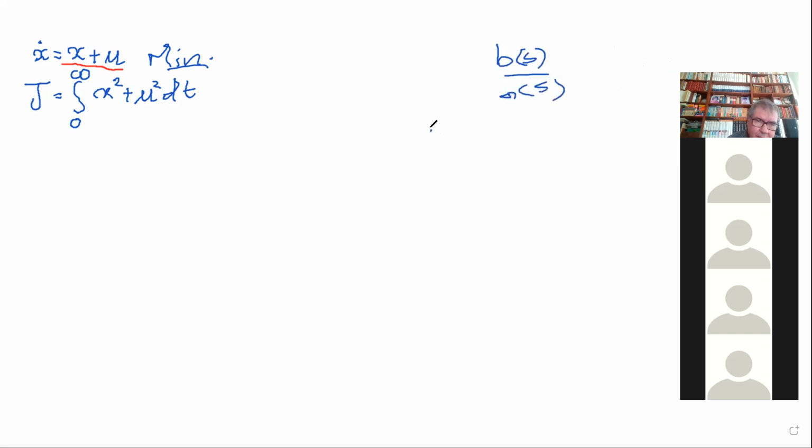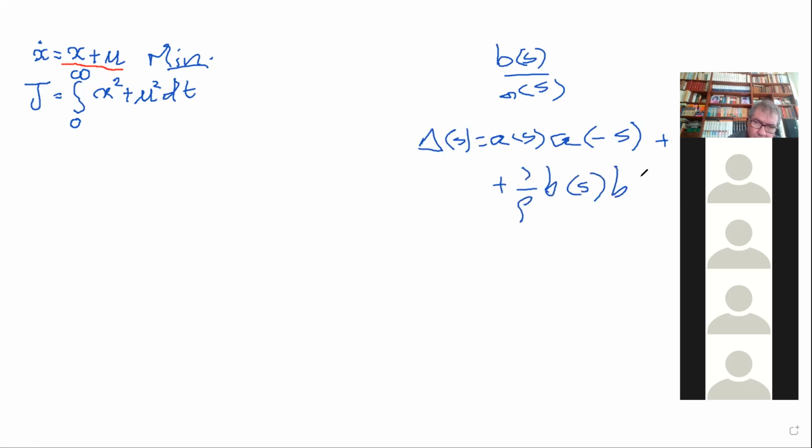And then we build delta of s, which is a of s, a of minus s, plus 1 divided by rho, b of s, b of minus s. And then we find the roots and get the stable ones.